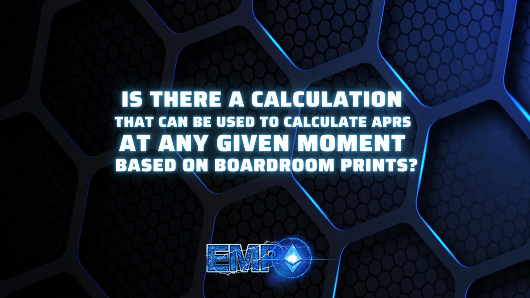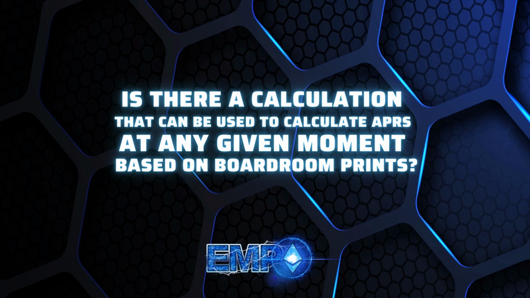For example, when we reached the milestone of 20 million EMP in circulating supply, the expansion rate percentage, which is basically the percentage of EMP emitted per print, went from 1.5% of the circulating supply to 1.25% when we crossed from 999,999 to 20 million.